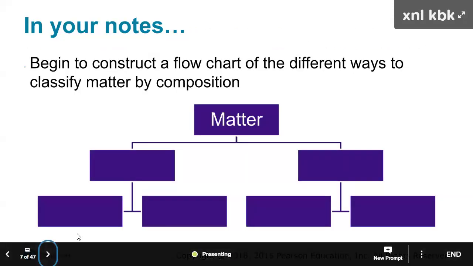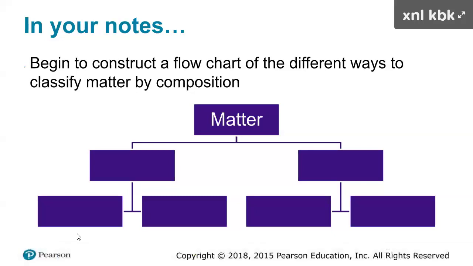But that's just one type of classification. Now, some of you in that discussion question alluded to a different type of classification. Classification by type, not just by phase of matter. So what I want you to do, if you have the ability in your notes to create a flow chart of some sort, go ahead and do so.